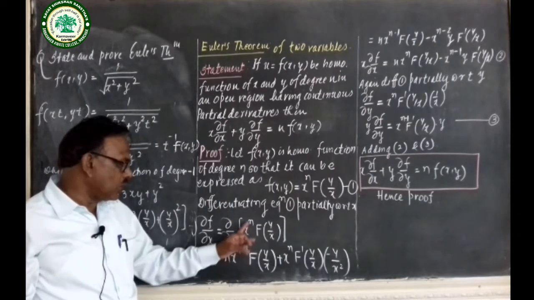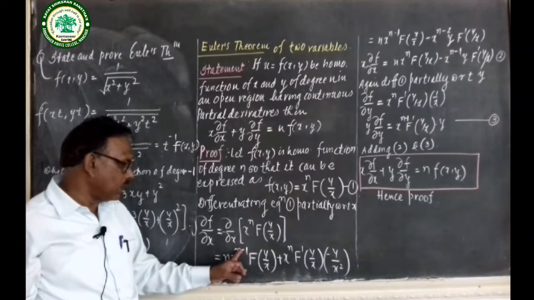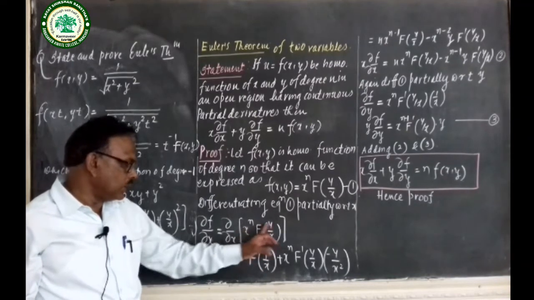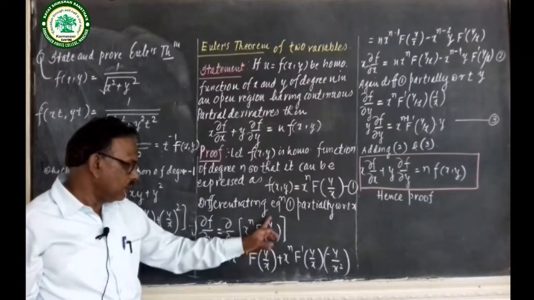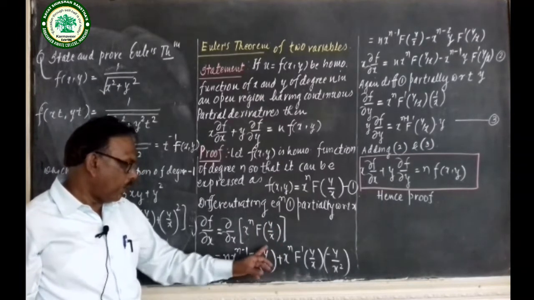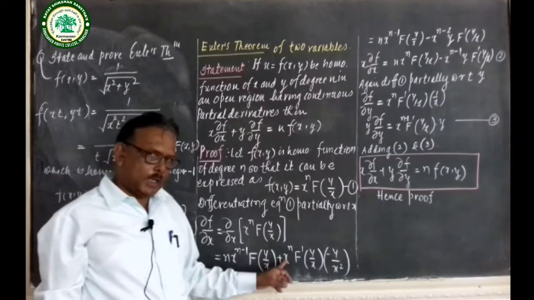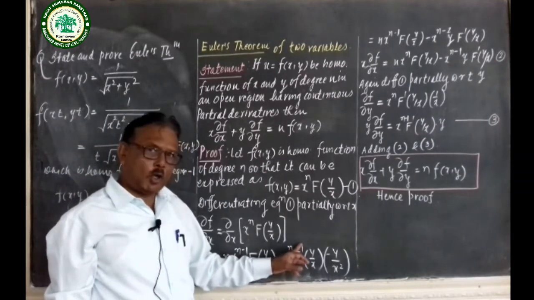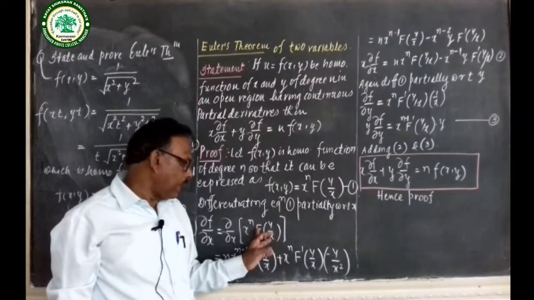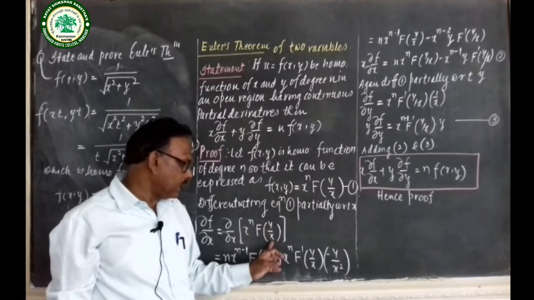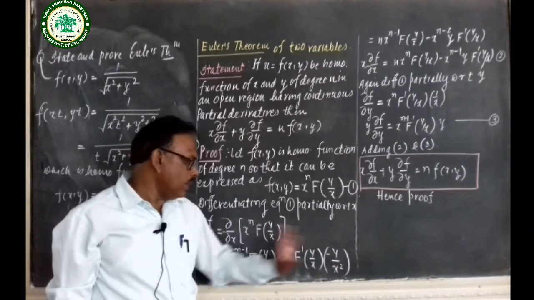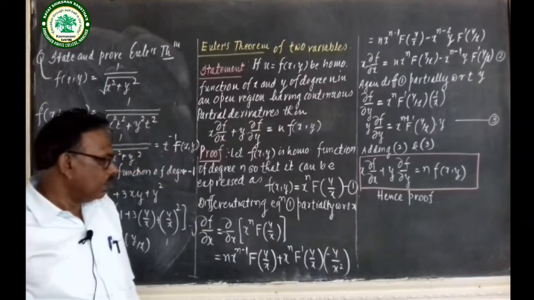Partial derivative of x raised to n is n into x raised to n minus 1, F of y by x remaining as it is, because it is a product function, this is a function of x, this is also a function of x. Therefore, n into x raised to n minus 1 F of y by x plus x raised to n F dash of y by x, and the derivative of the bracketed quantity, that is minus y upon x square.